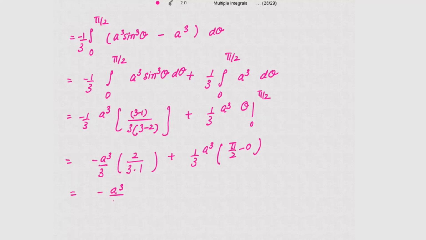Taking a cube over 3 common, this will become 2 by 3 minus pi by 2. And after more simplifying, taking the LCM, you get a cube over 18 times 3 pi minus 4. Up to this is also okay, right?